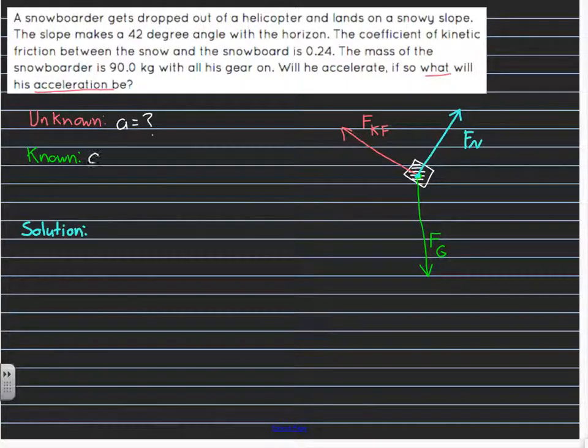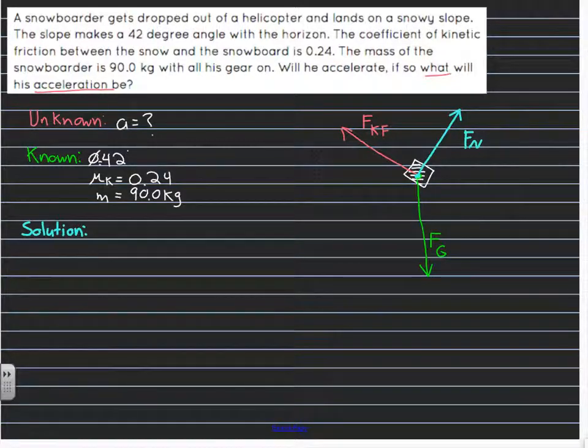What's known is the angle is 42 degrees. The coefficient of kinetic friction is equal to 0.24. His mass is equal to 90 kilograms. And that's it.